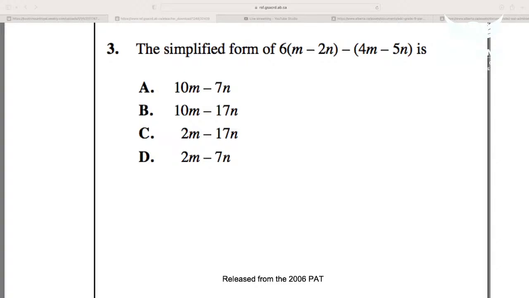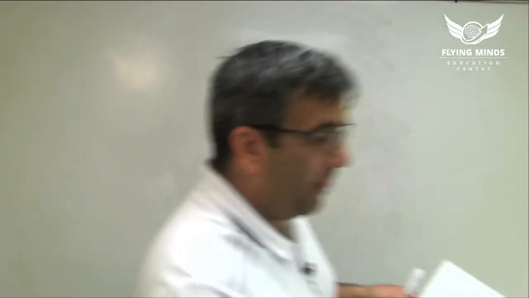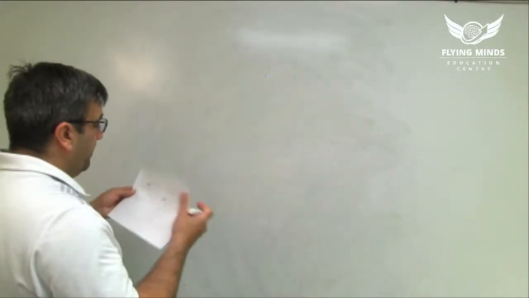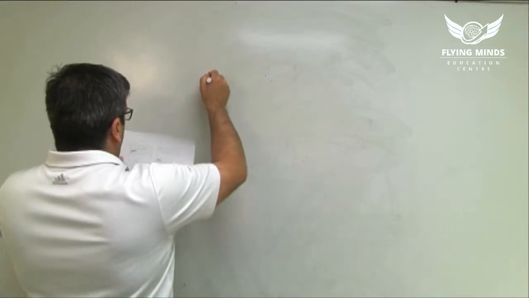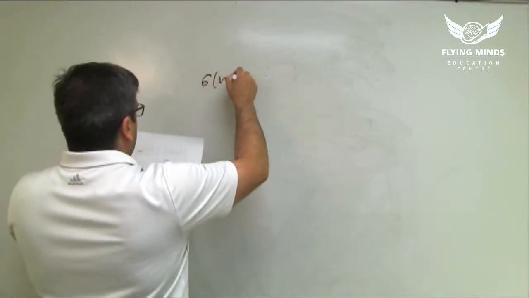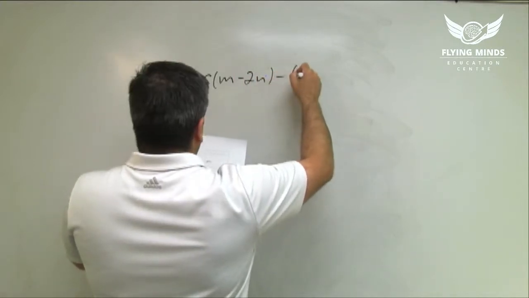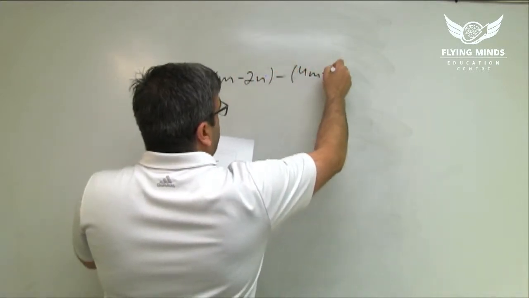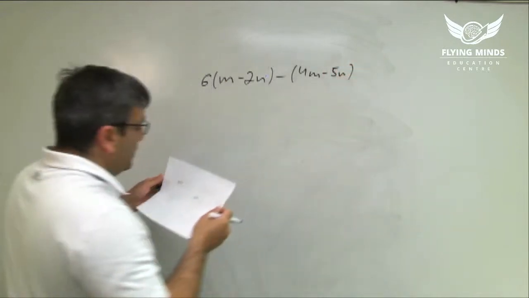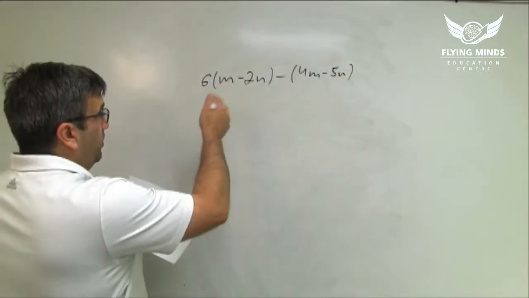So the simplified form. We're given expression 6m minus 2n minus 4m minus 5n. So we need to simplify. So we need to open brackets.